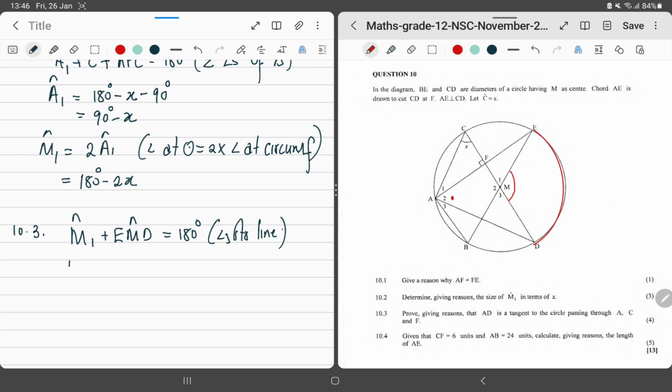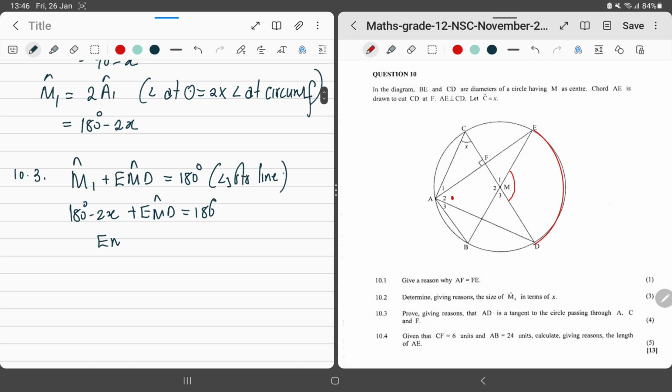M1 is 180 degrees minus 2x, plus EMD, so EMD is equal to 2x.